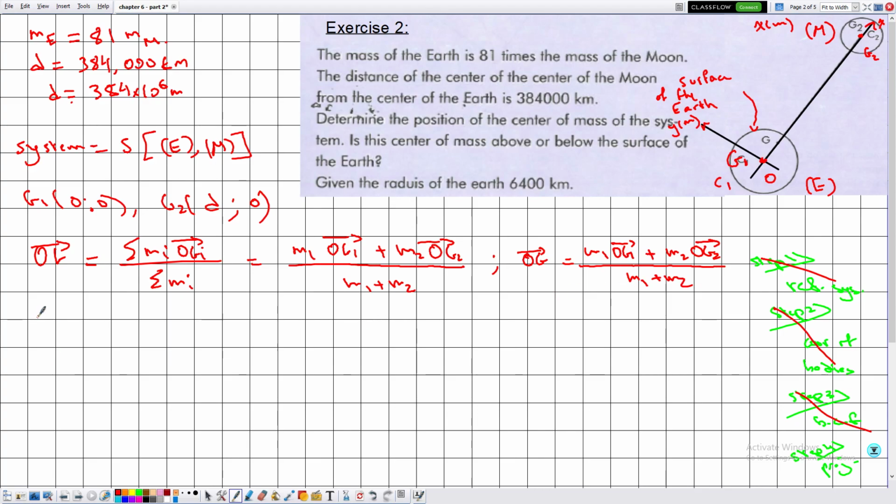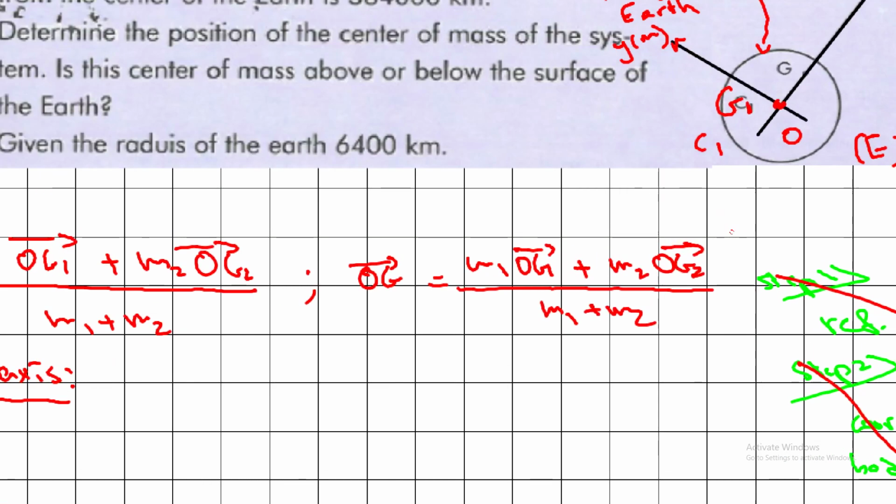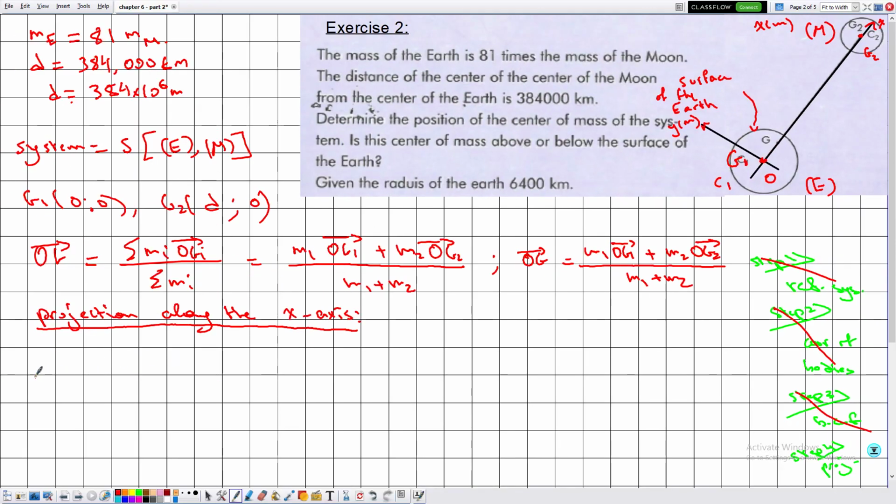Now let's do the projection along the x-axis. In this case, we drop down the vector, and all vector quantities will carry the label x. In this case, we have OGx is equal to M1 OG1x plus M2 OG2x divided by M1 plus M2, which is equal to M1.